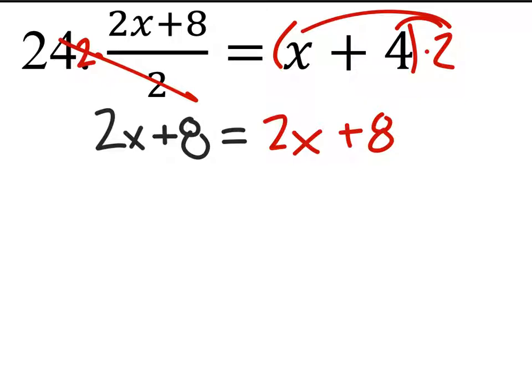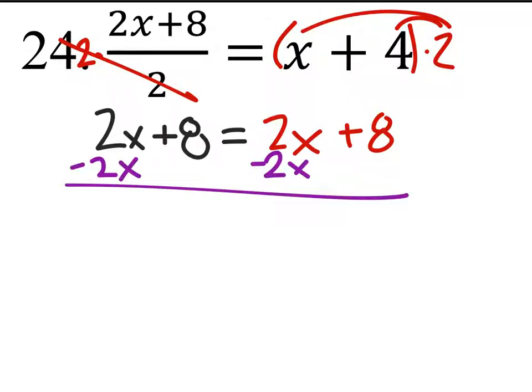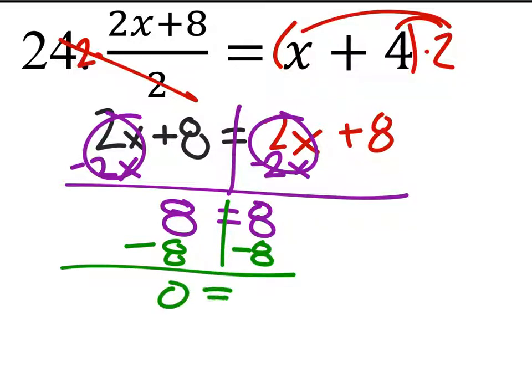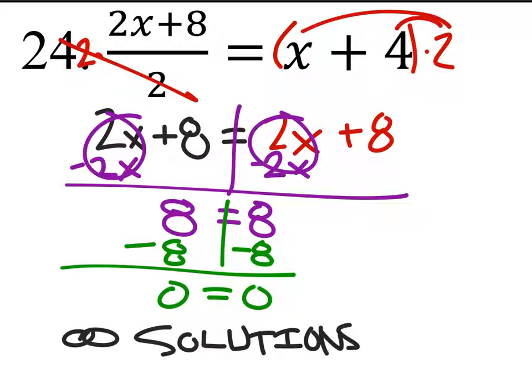For some of you, there's no need to continue on, but for some of you there is. So if I subtract 2x from both sides, then these cancel, and I have 8 equals 8. And if I subtract 8 from both sides, I get 0 equals 0, which indicates that there are infinite solutions.